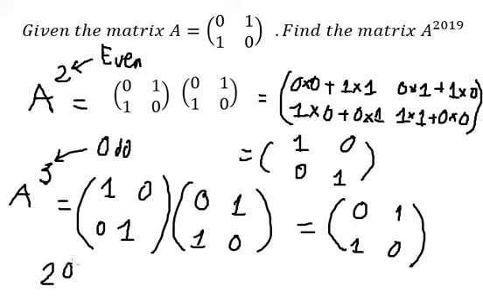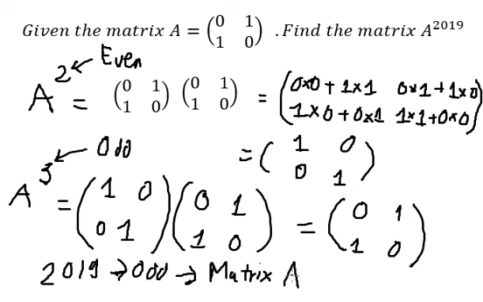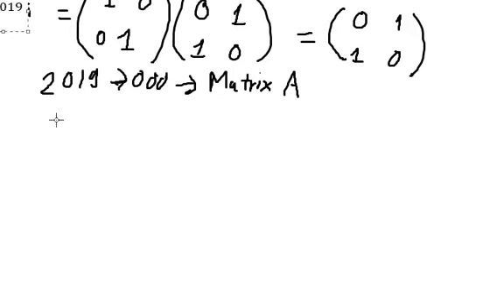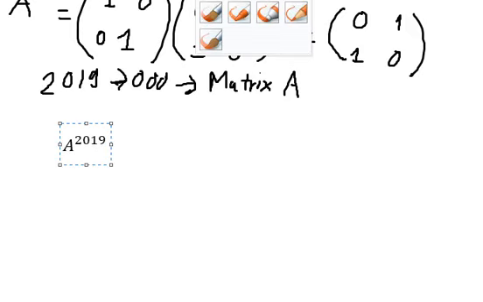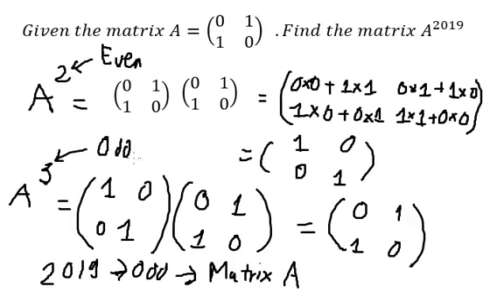This is odd. That means same as matrix A. So the answer for this one, that's A equals to this one.